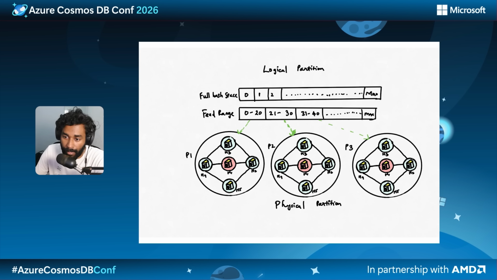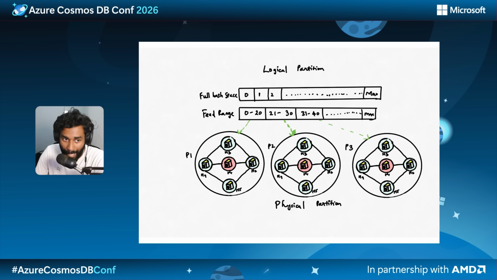As a developer, we really don't need to worry about all those complexities. We don't need to think about how data is replicated, how it is sharded across machines, or how partitions are managed internally. All Cosmos DB asks us to do is choose a good partition key. The goal of the partition key is simple: it is to help distribute the data across all the partitions in the system.